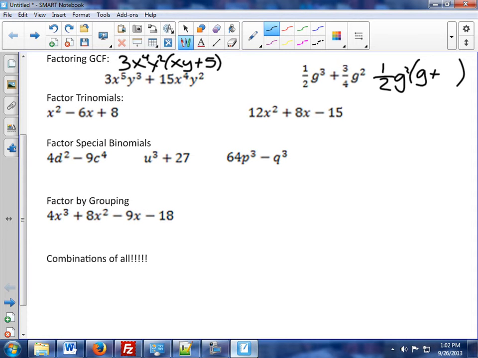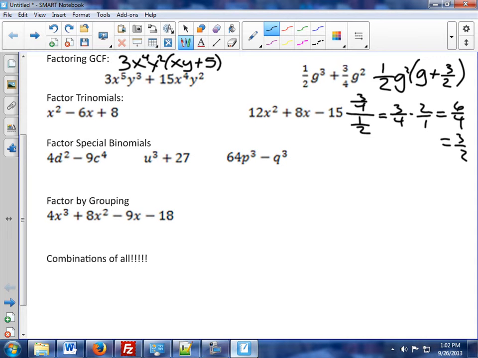We took 15 divided by 3 and got 5. We have to take 3/4 divided by 1/2, which is the same thing as 3/4 times 2 over 1, which is 6/4, which is 3/2. And that would be a GCF with a fraction.